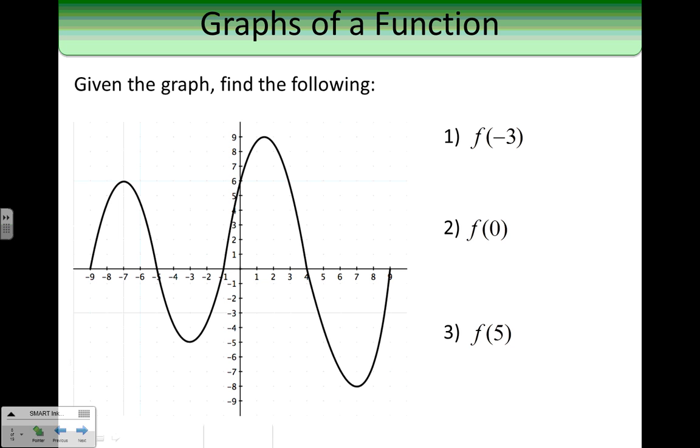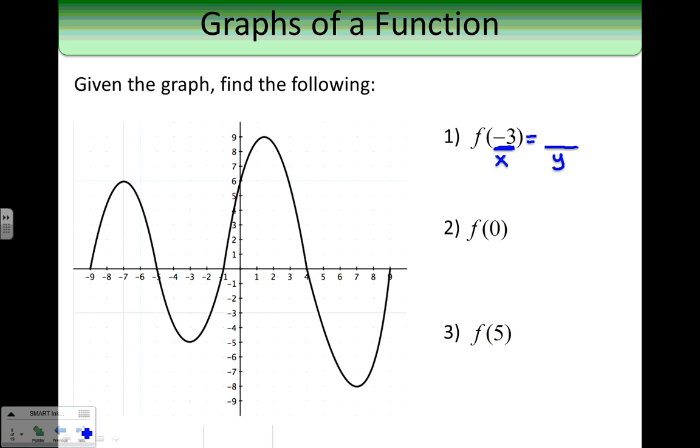All right, let's start taking a look at the actual graphs and see if we can figure out information about that. Given this graph, and this is a function, it passes the vertical line test, I want to figure out what f of -3 is. Remember that the number in here represents my input, my x value. What I would like to find is the output, or y value, that corresponds to an input of -3.